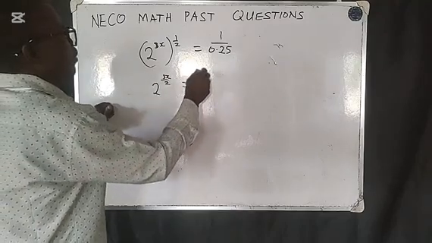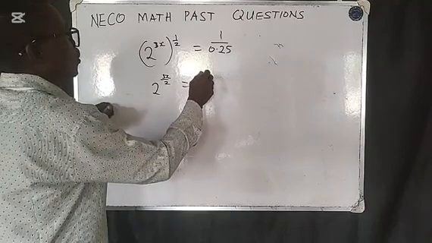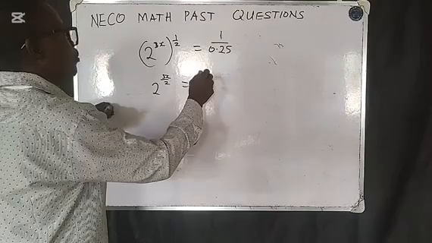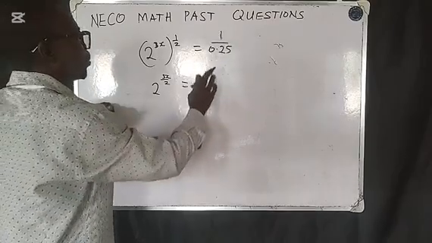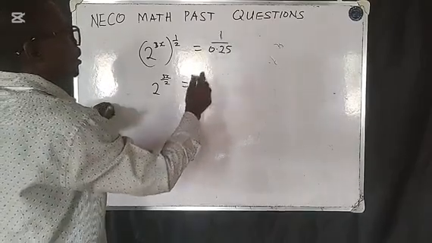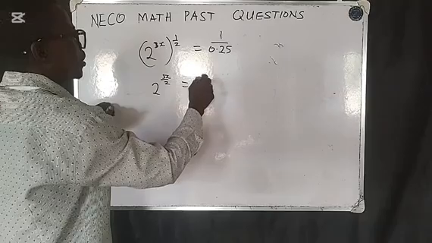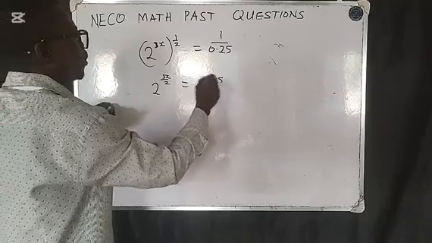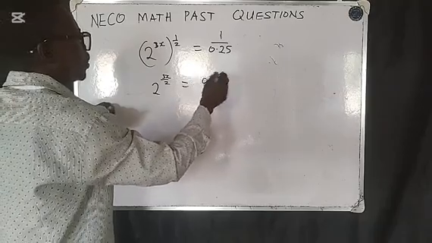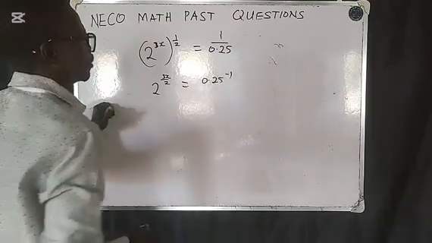Then we have 1, can we reciprocate? Let's reciprocate this. Instead of 1 over this one, let's write 0.25 over 1. Then introduce a negative 1.